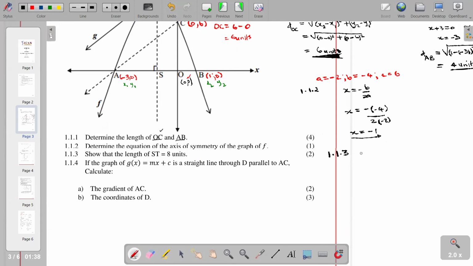From the previous question, we obtained that x is equal to negative 1. We have to substitute that x to get the corresponding y value.